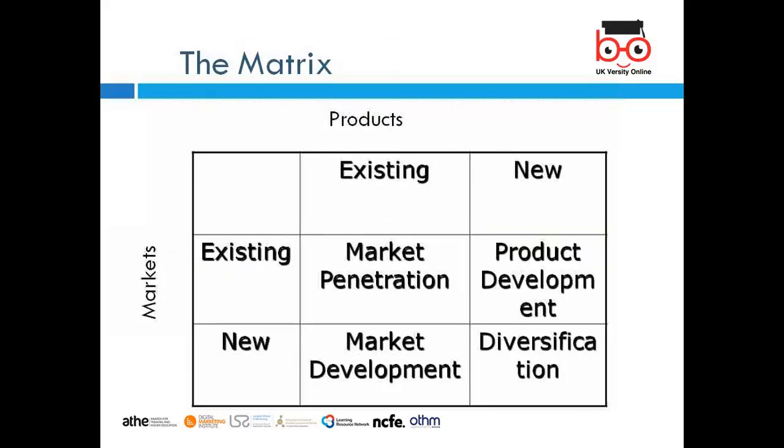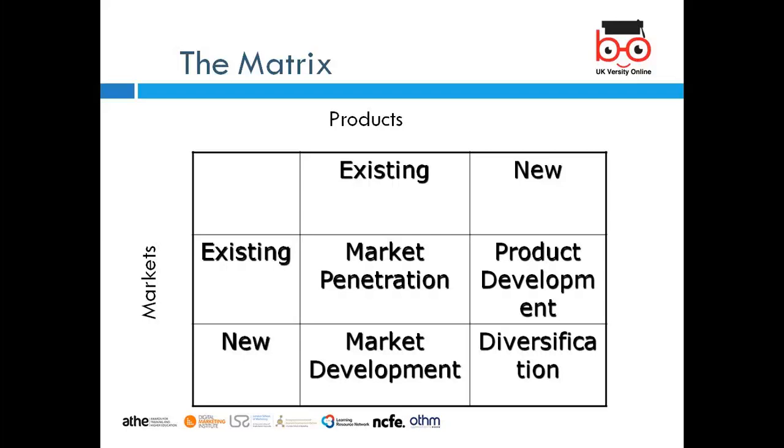For existing products in the existing market, if we are selling and focusing there, that's called market penetration. It means we're not growing, we're just keeping it as it is. And new products in the existing market is product development, but that's not market development.